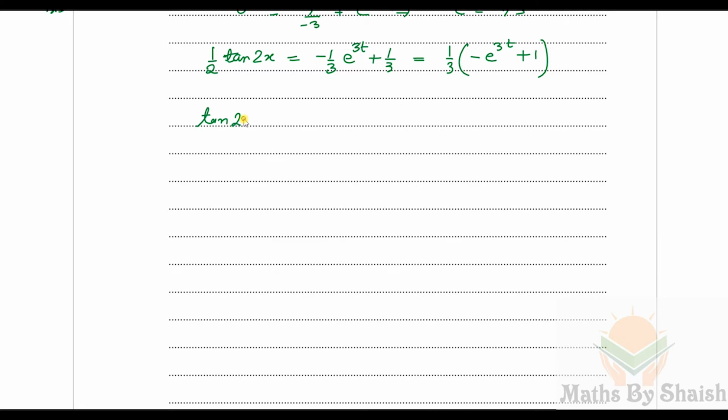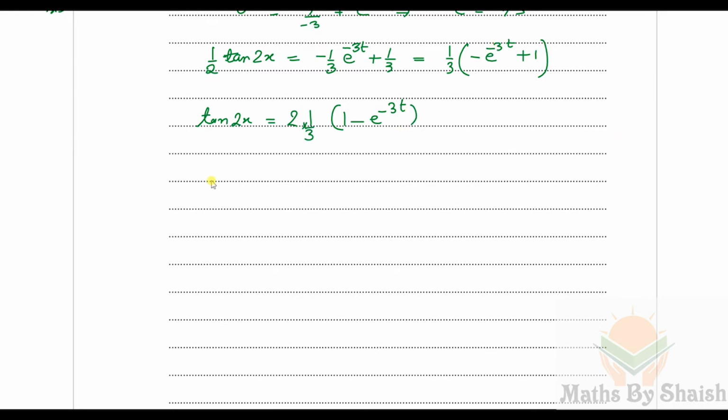So tan 2x is equal to 1 upon 3 into 2, because this goes to that side, 2 into 1 upon 3, and I'll write 1 minus e raised to the power minus 3t.